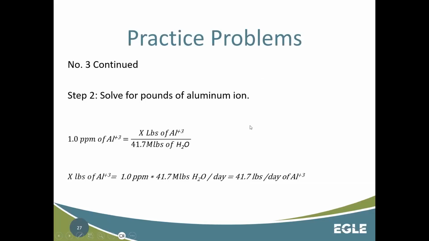Okay, so step 2 is to solve for the pounds of aluminum ion. In the problem statement, they told us that we had 1 ppm as aluminum ion. And we know how many pounds of water we have. We just calculated that in a previous step. So again, we're going to rearrange. We want to solve for pounds of aluminum ion, so it's going to stay put.